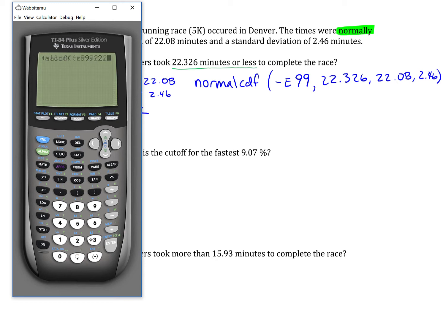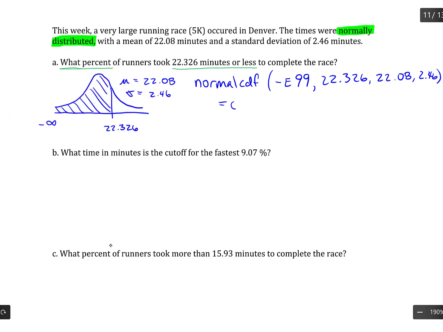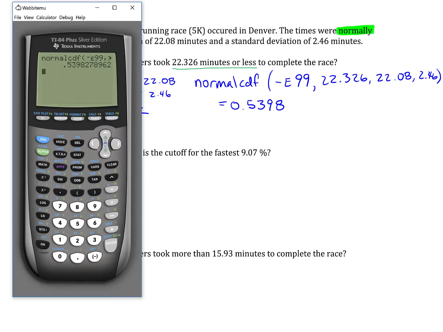Then 22.326, 22.08 and 2.46. So inputting our data separated by commas, we come up with the probability that we're looking for, 0.5398. And I'll use 4 decimals as that's pretty common for normal distribution probabilities.